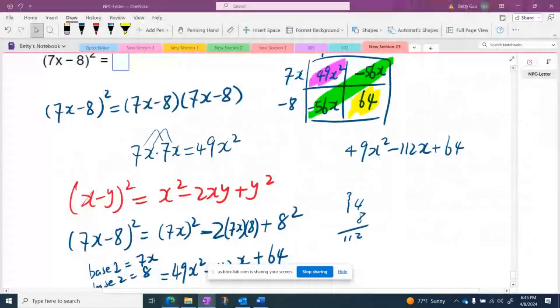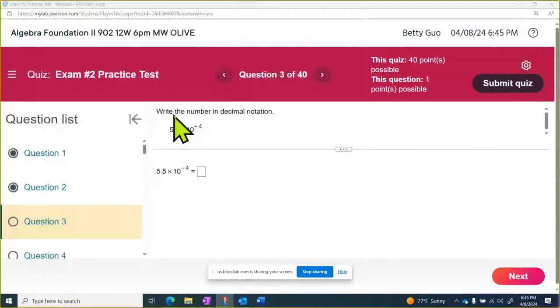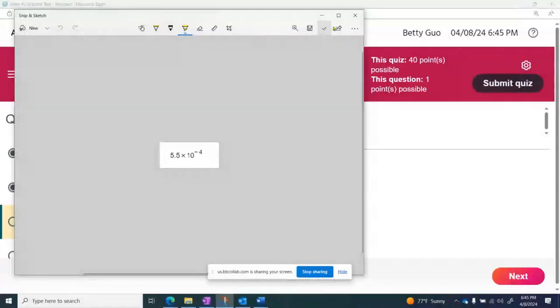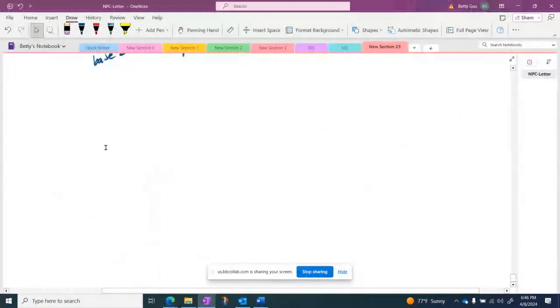And go back. And then next. Write the number in decimal notation. Oh, okay. So we did not cover scientific notation because it's a pretty simple thing. I think I can cover it while we're reviewing for the test. So this expression is a number in scientific notation.